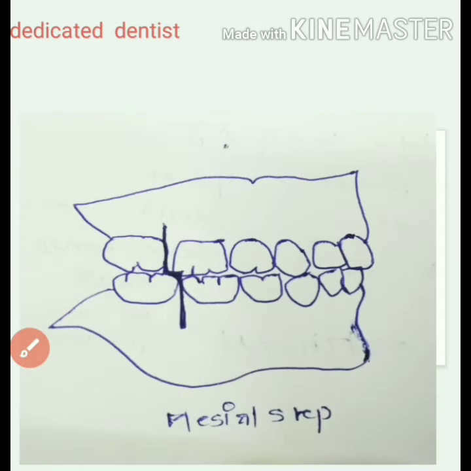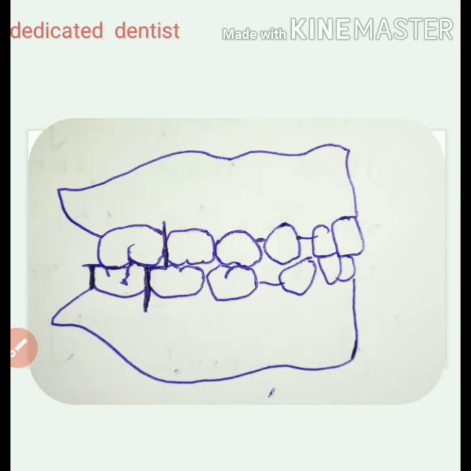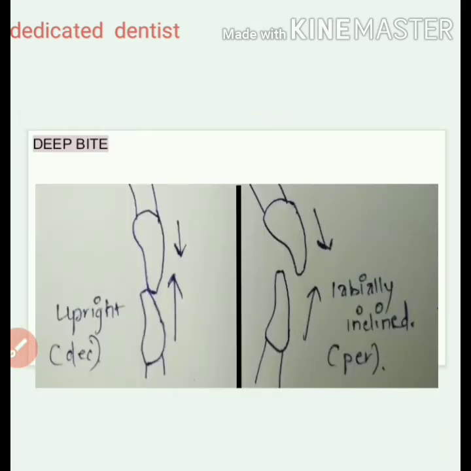Also we have a mesial step, in which the lower deciduous second molar is more mesial compared to the upper molar. So either we can have a flush terminal relation in a dentition, or we may have a distal step or a terminal mesial step.